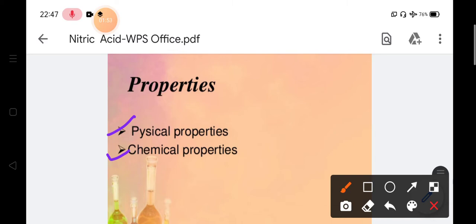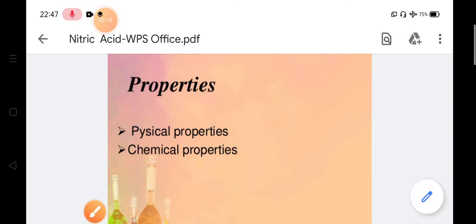In the case of HNO3, it also has physical and chemical properties. In this class we are going to discuss the physical properties only. In the next class, after the puja vacation ends, we will start the chemical properties as well. So today we will only discuss the physical properties.